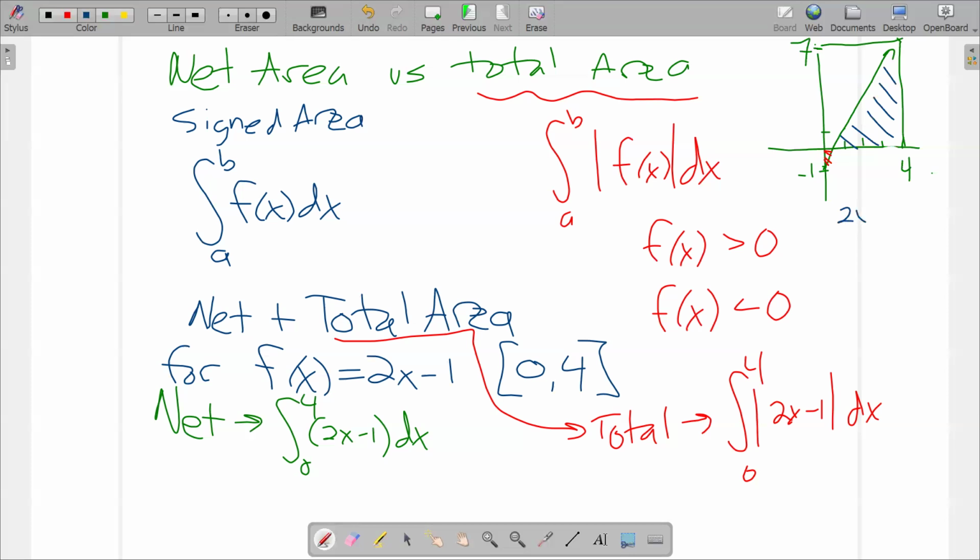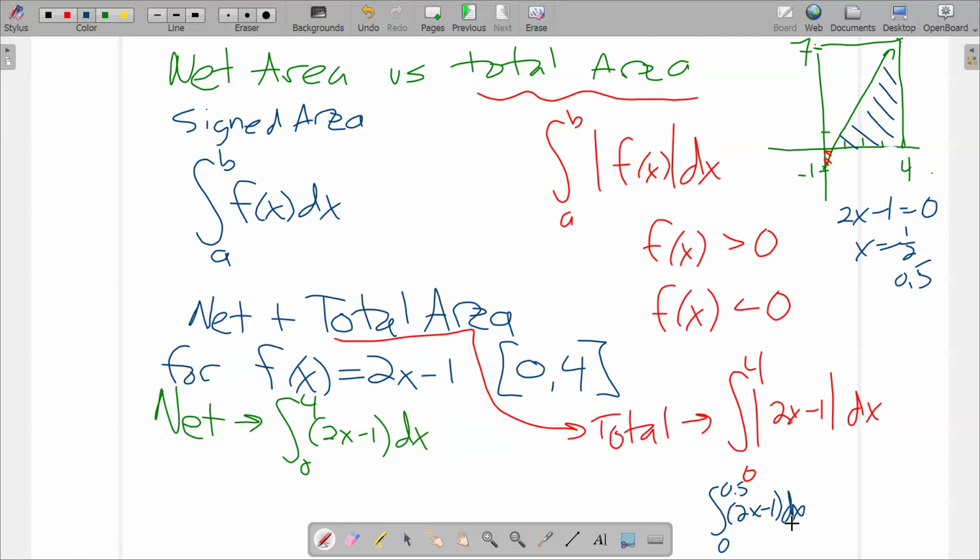So if we take 2x minus 1 and set it equal to 0, then we're going to get x as a half or 0.5, which works out kind of nice. So it turns out two different integrals is fine. For this one here, I would have to integrate from 0 to 0.5 of 2x minus 1.